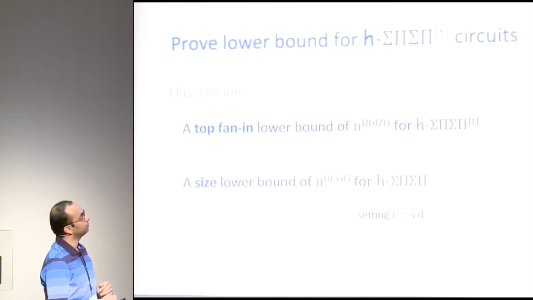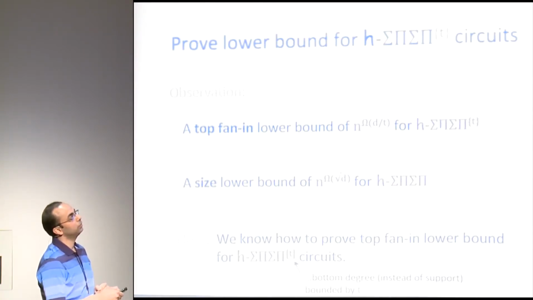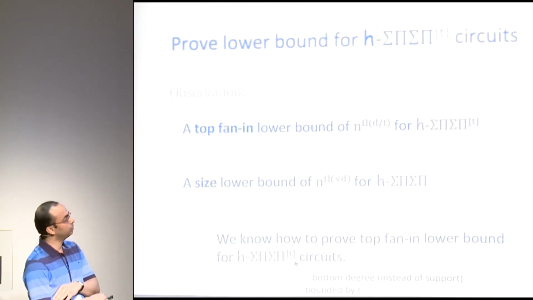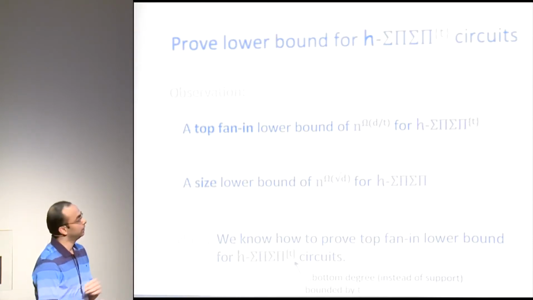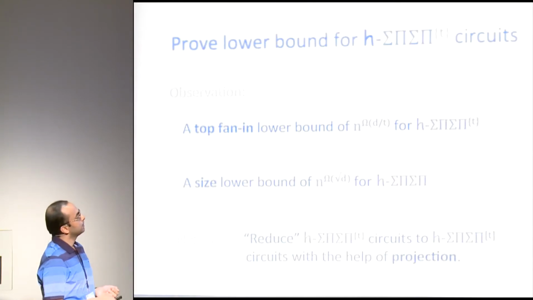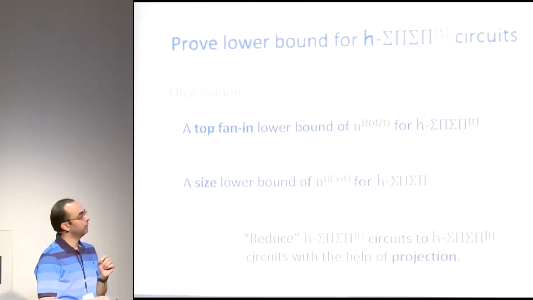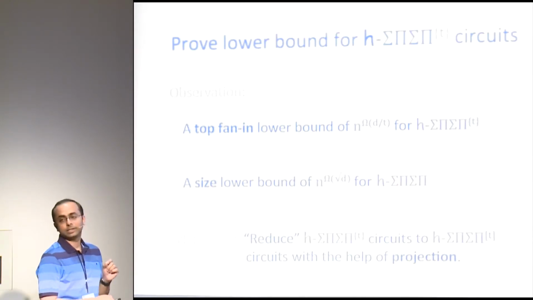So now all that remains is to prove a top fan-in lower bound of n to the d by t, but for homogeneous depth 4 circuits with small support instead of small fan-in. We know how to do it for small bottom degree, but not bottom support. Okay, so the next step would be to introduce projection to reduce this small support case to small degree.